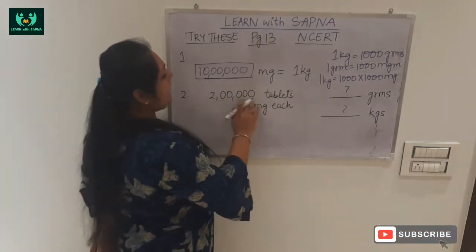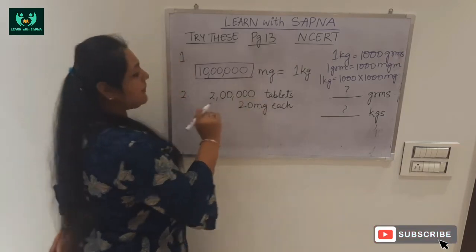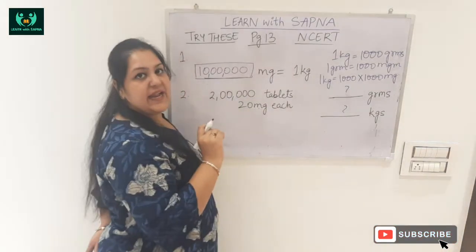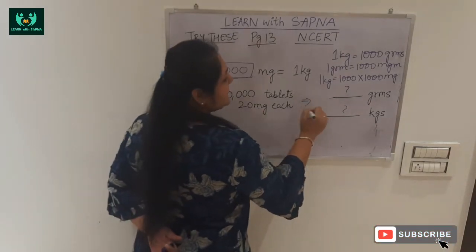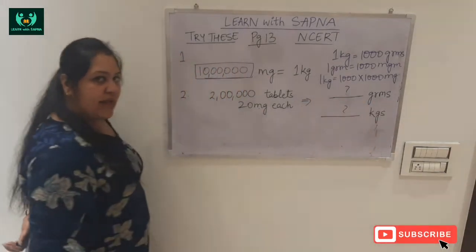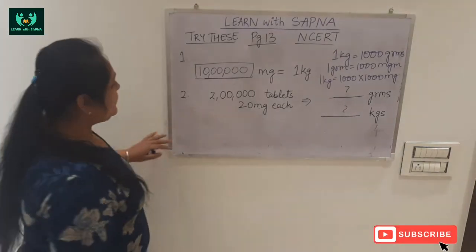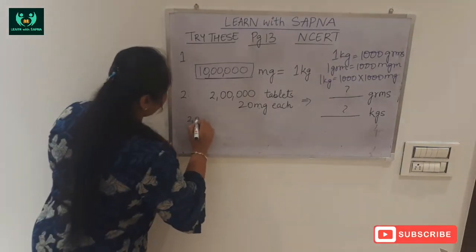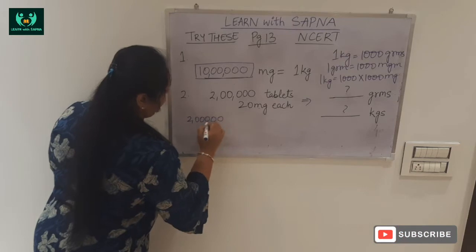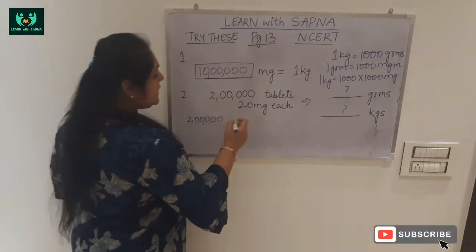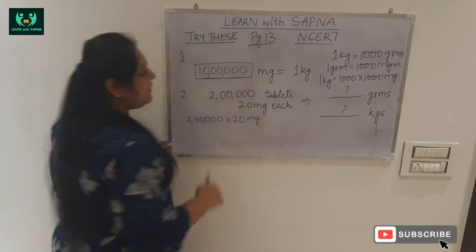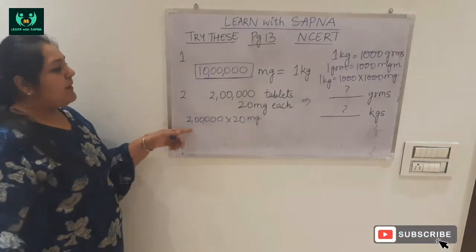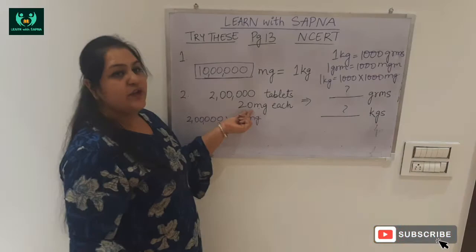It says we have 2 lakh tablets of 20 milligram each. So we have to find the total weight in grams and kilograms. Let's see how many tablets we have. 2 lakh tablets and each weighs 20 mg. Right? So if we multiply these two, each tablet is weighing 20 milligram.